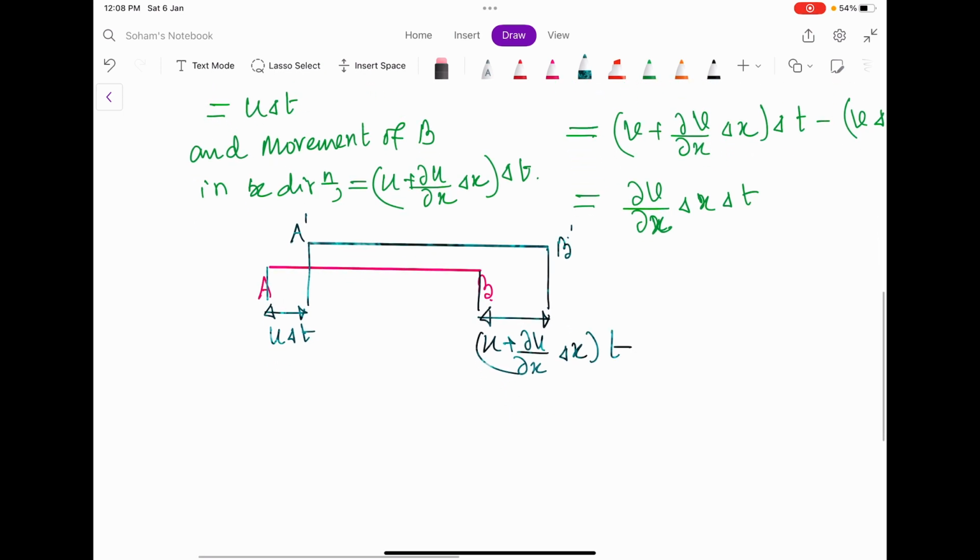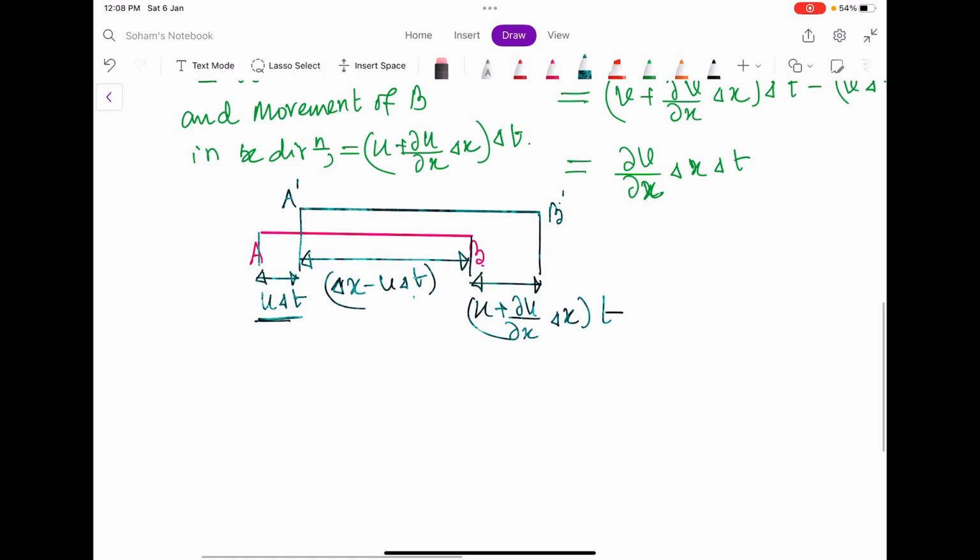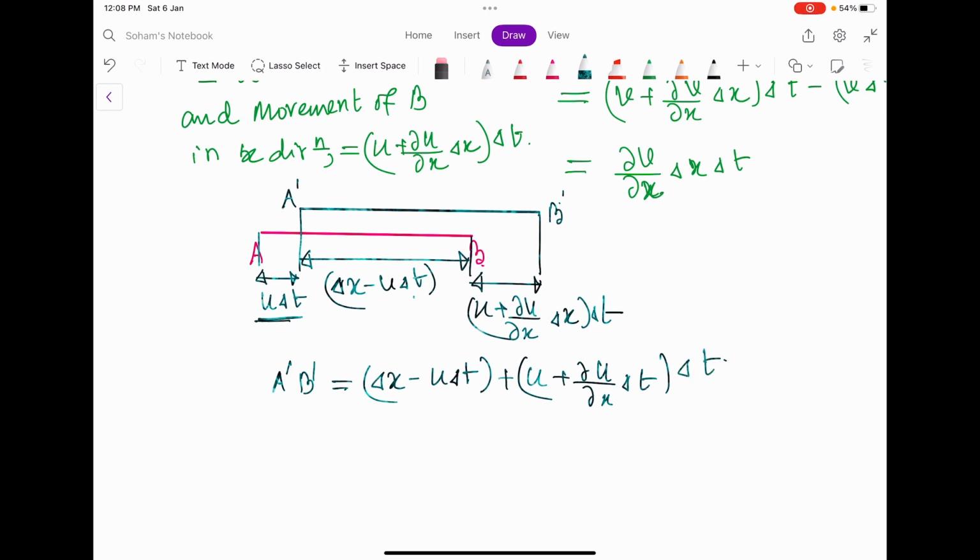I know that AB is delta x and this part is u delta t, so this is delta x minus u delta t, right? So A dash B dash is clearly, from the geometry, delta x minus u delta t plus u plus del u del x, this was delta t, so this will be delta t.